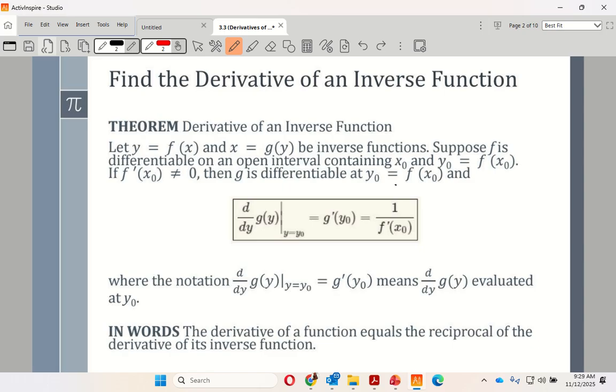So we have f right now, and we're trying to find g prime using that. Given the y. They're inverse functions. We're finding the derivative of an inverse function. So you have the function, and you're trying to find the derivative of the inverse function.